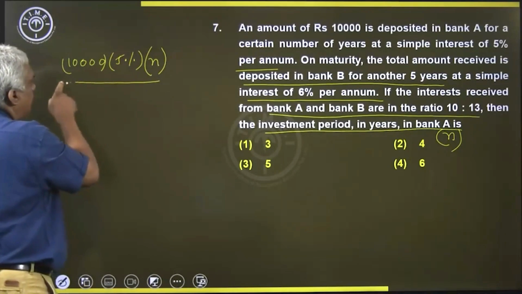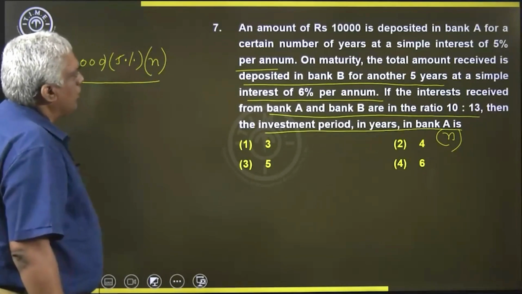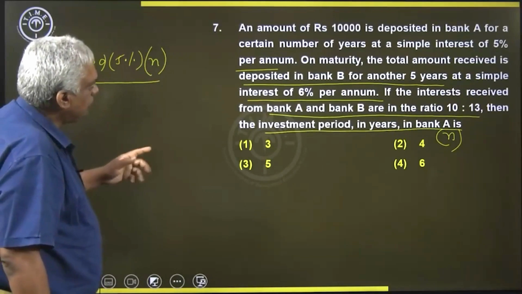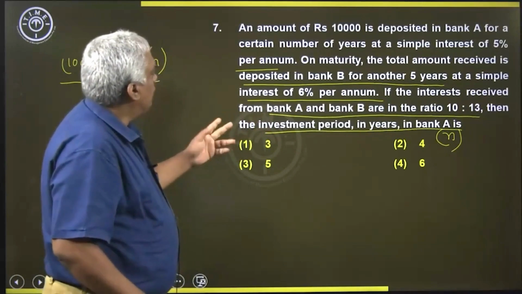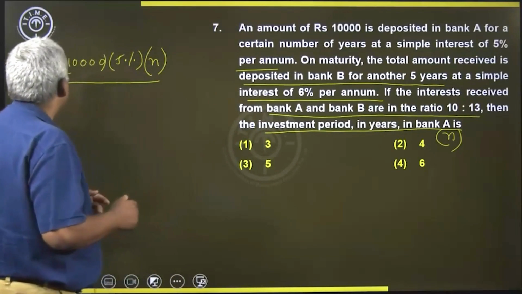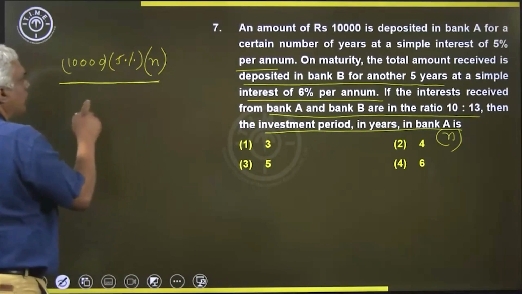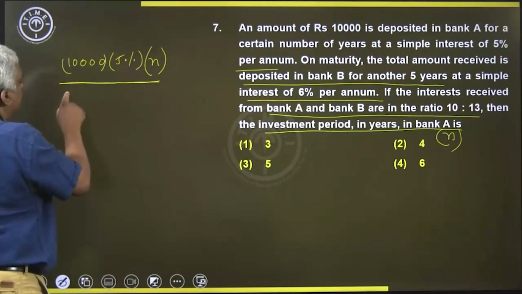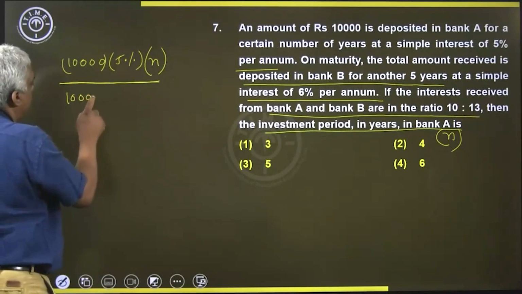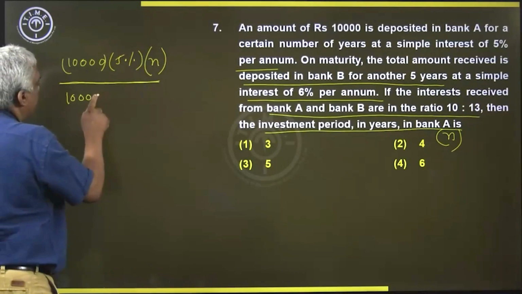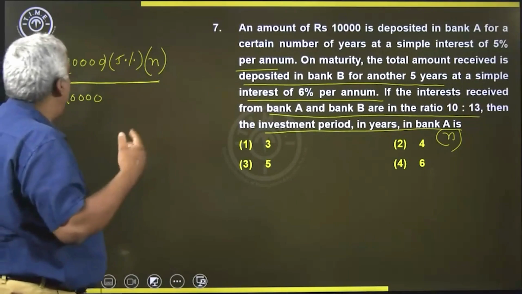Now, on maturity, how much money will we get? 10,000 we will definitely get, plus the interest.